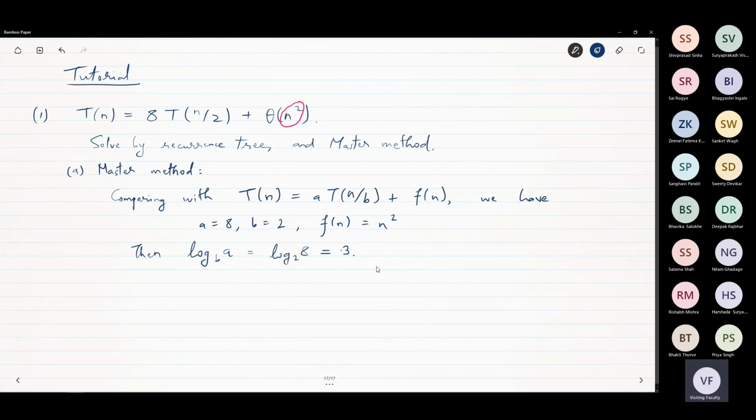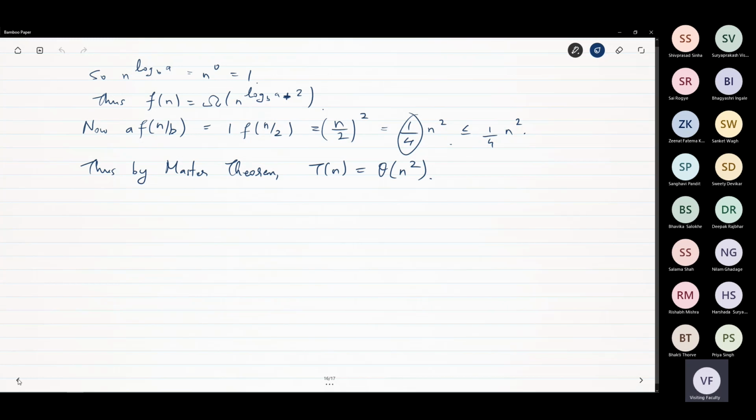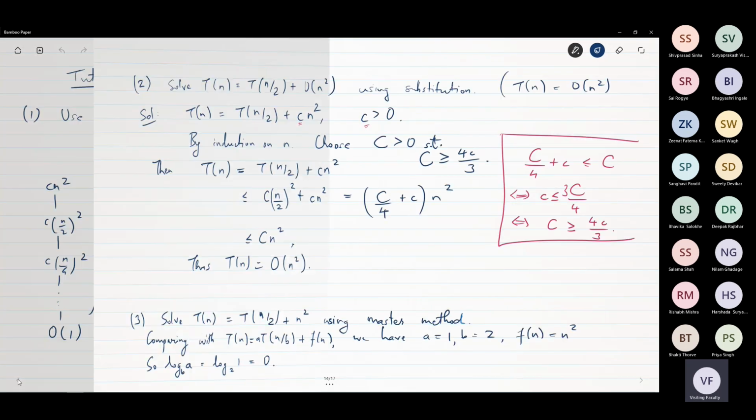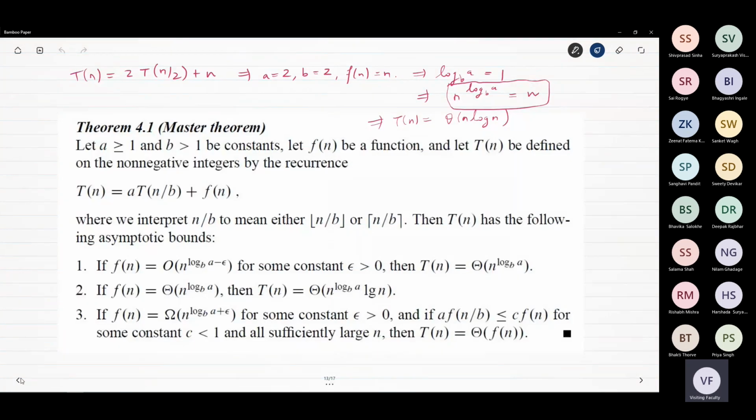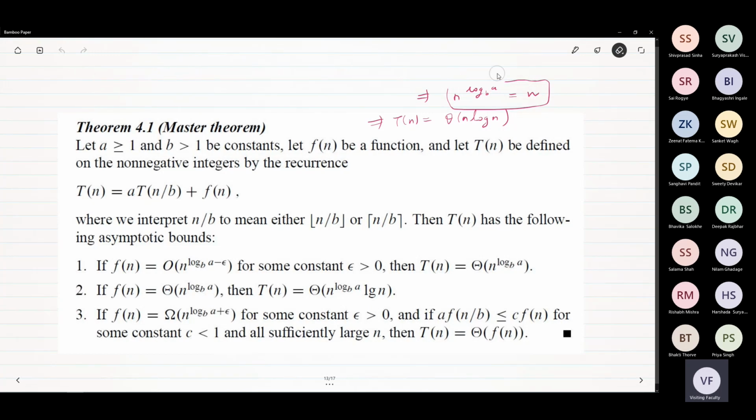But f(n) is just n², right? So, which of the following cases will apply? Let's go back to the master theorem. Which case should apply? Log a to the base b now is equal to 3. I'll remove this part because you have to use this again.